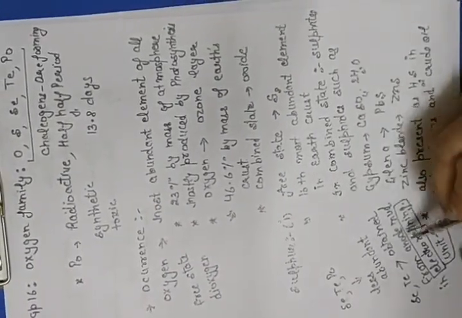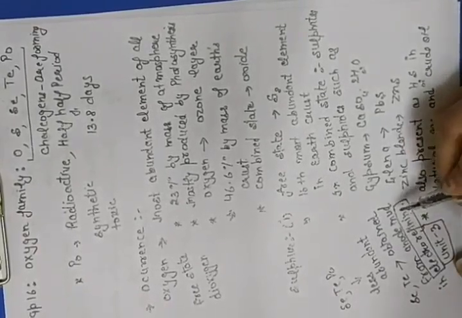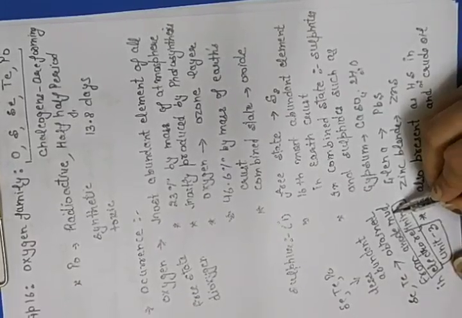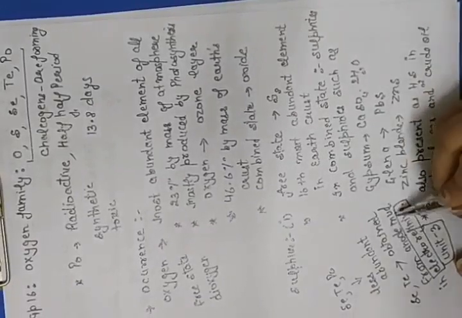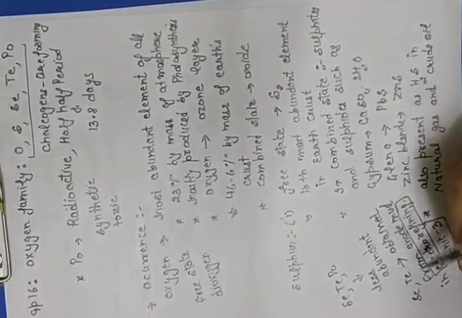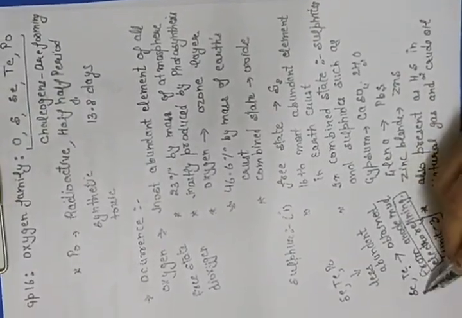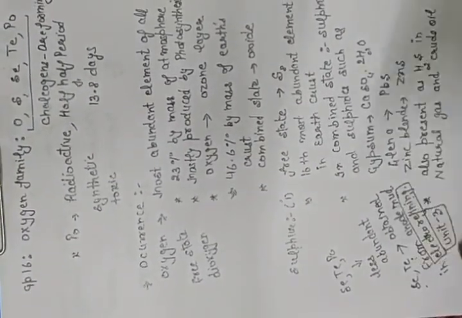Here the impurities are called anode mud, the compounds which deposit below the anode. Hence it is called anode mud, which consists of those elements which are less electropositive. So selenium and tellurium are less electropositive.